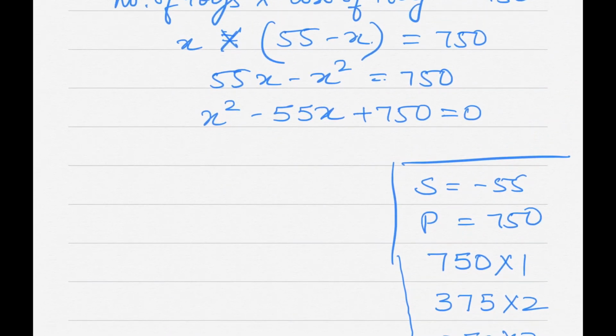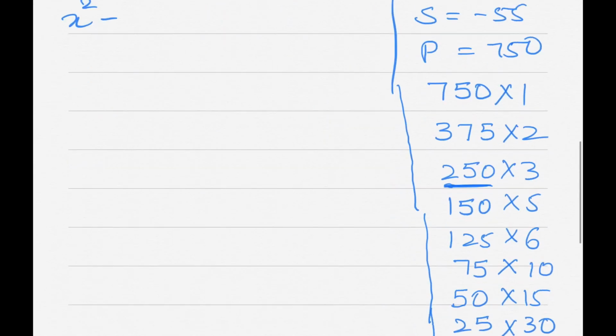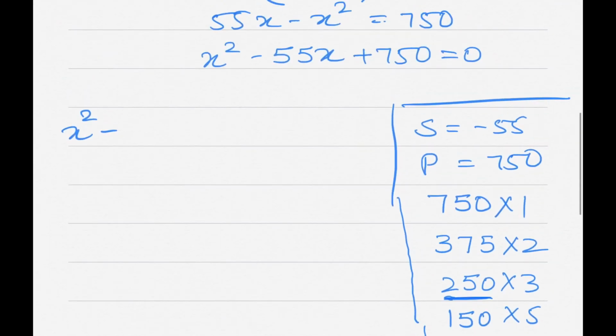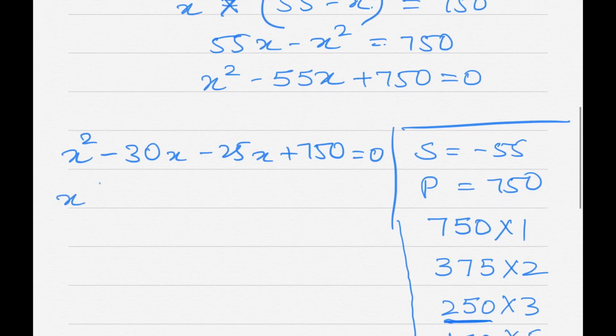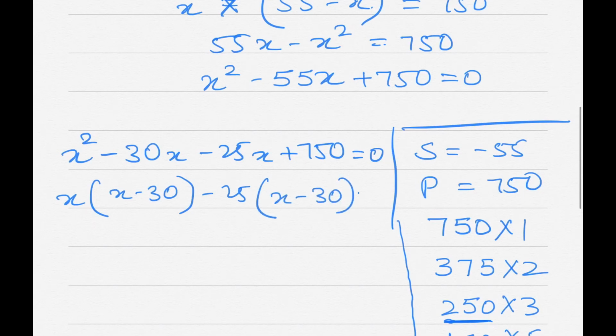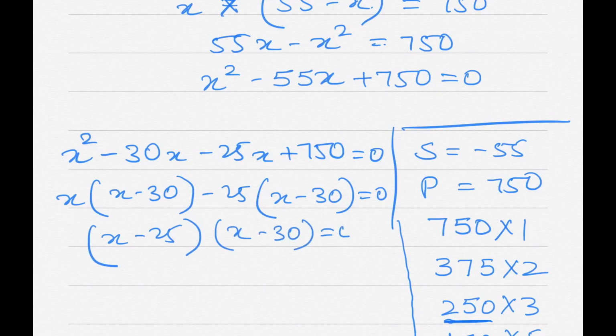So now I can see that for x square, I can split the middle term. So x square minus 30x minus 25x plus 750 is equal to 0. Now here x is common, and in the other part minus 25 is common, so x minus 30 is common. So the factors for this equation are x minus 25 and x minus 30 is equal to 0.